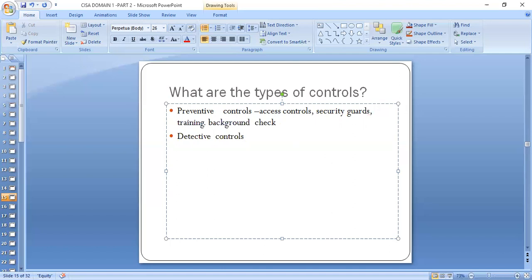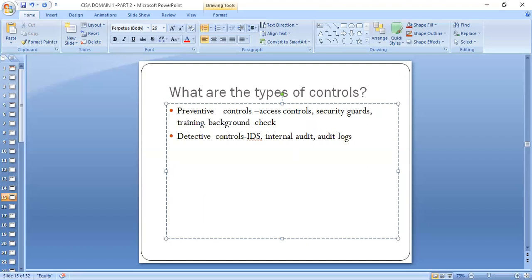For example, you have IDS, intrusion detection systems. Which other one? Internal audit is largely detective, though it's becoming more proactive. But generally, internal audit is largely detective. Any other one? Logs, yes. Audit logs.